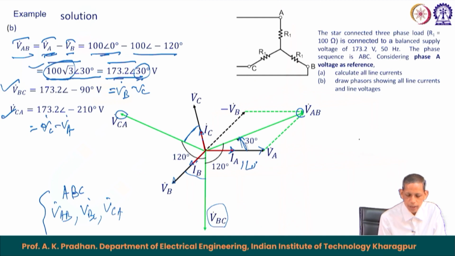As already said, line current equals phase current, so we have the same I_A, I_B, I_C. This figure gives the complete picture for phase voltages, line currents and phase currents for the star connected resistive circuit.